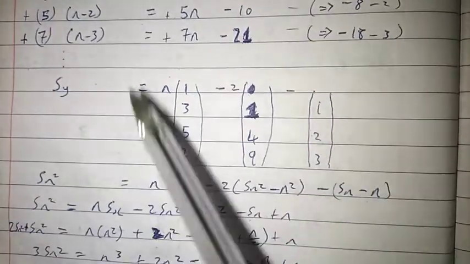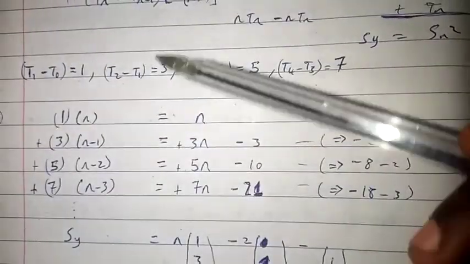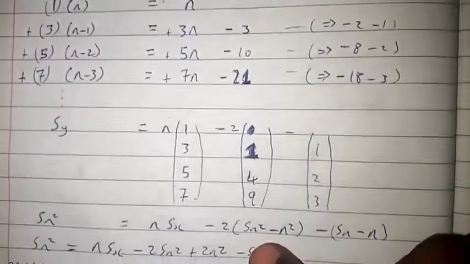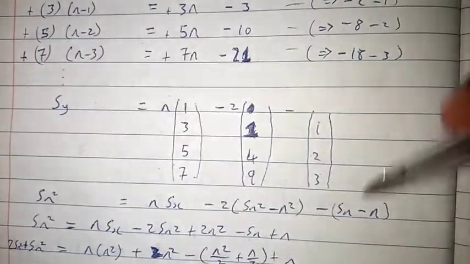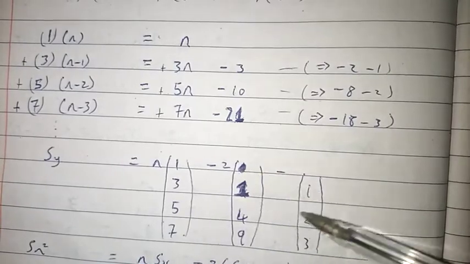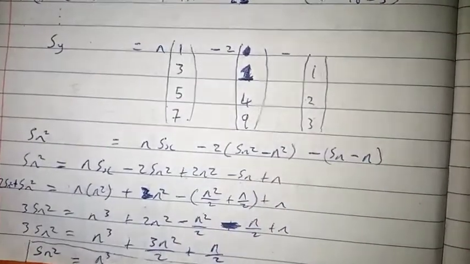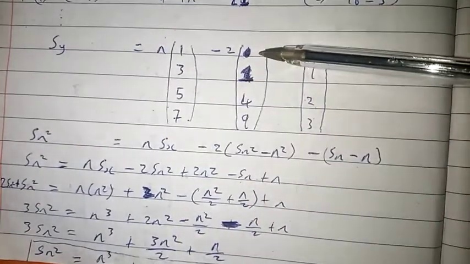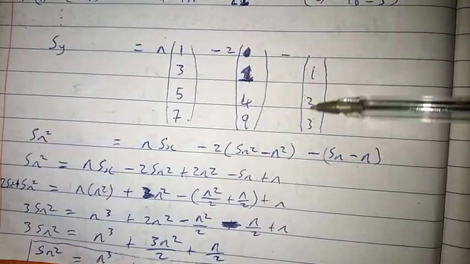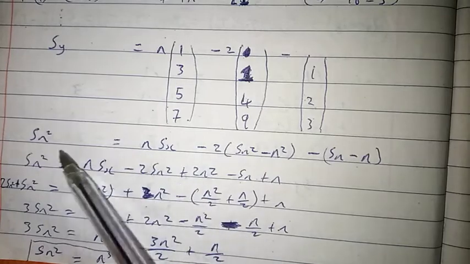So we can write a relation, taking now this is the sum of the difference and the product, which is Sy, we said before. This should be equal to, according to this, n into Sn, minus 2 into this. This we found earlier as Sn. This we know is the sum of squares, and this we know is Sn. So we can basically write a relation.